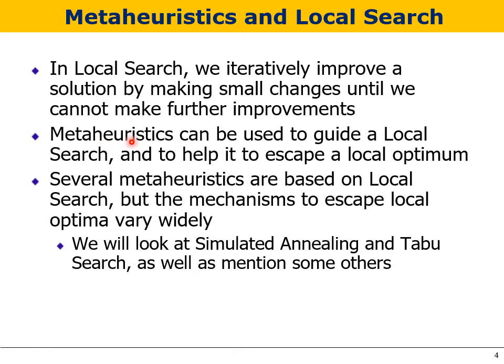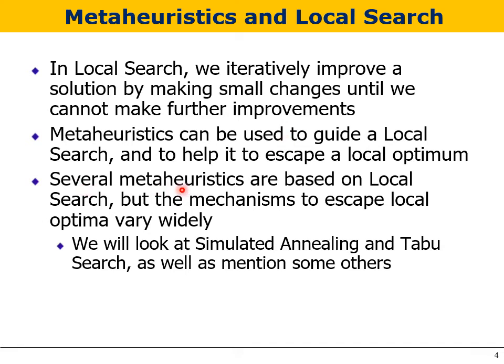In meta-heuristics, we can guide these local search algorithms to escape from local optima, and as I said, we allow non-improving moves in such algorithms, so that we avoid local optima and improve the solution value.